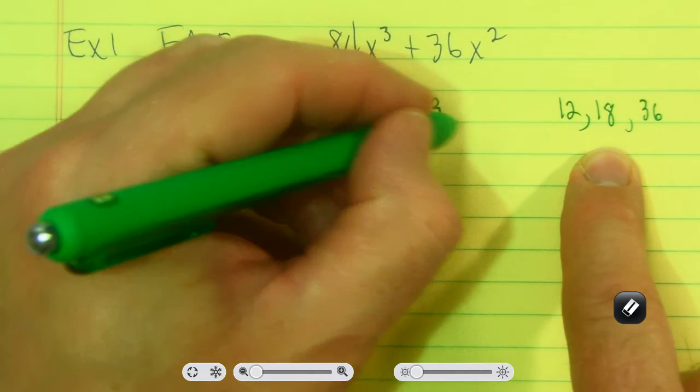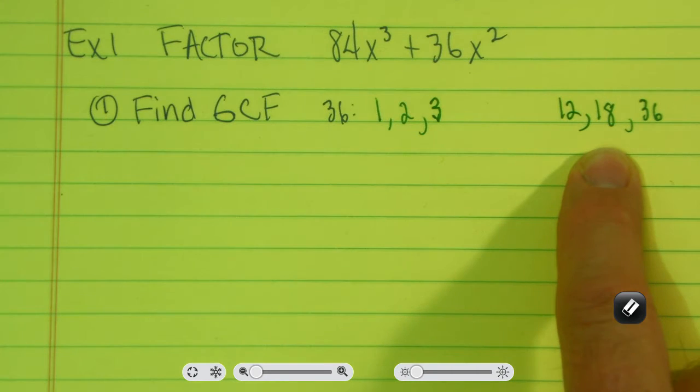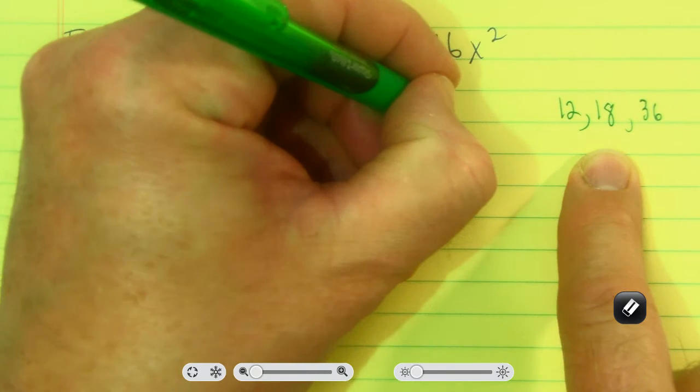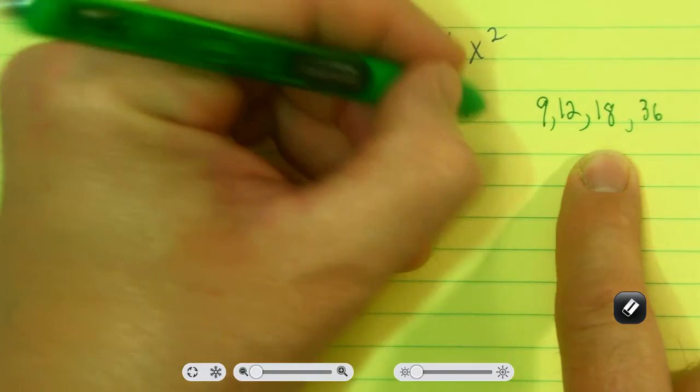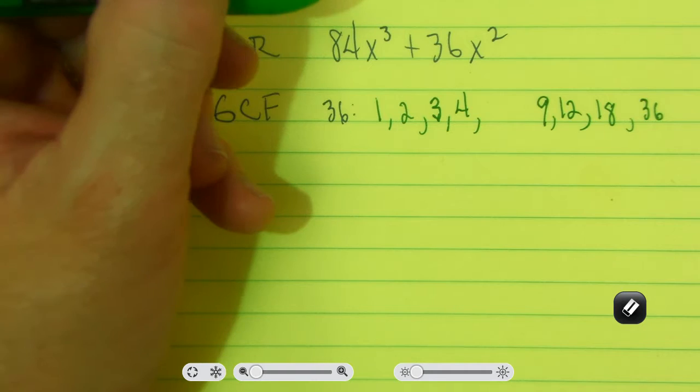Now, if I need to use a calculator, I can. I'm not going to for this, but I could. 4 times 9 is 36, isn't it?